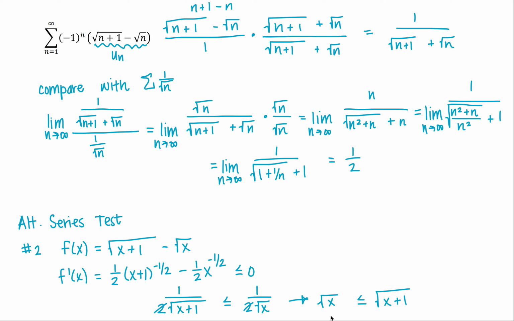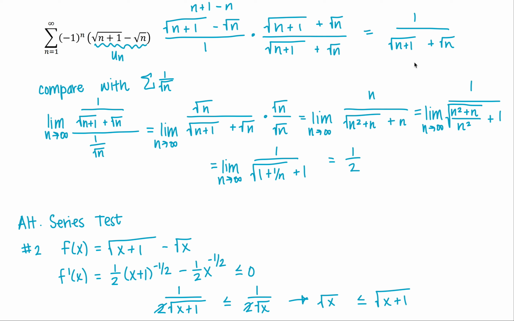The third one says that the limit needs to go to 0. So for part 3 of the alternating series test, I'm not going to use this form of u sub n, but I'm going to use this one here that we created. As n goes to infinity, you can see that the denominator would also go to infinity. We'd have 1 over infinity, so that limit would be 0.